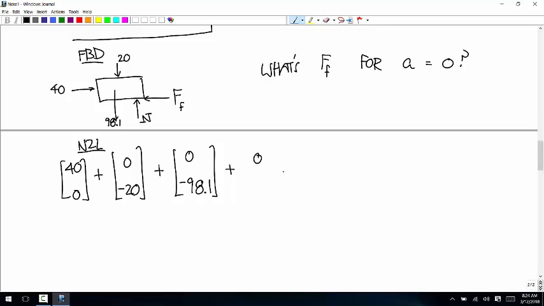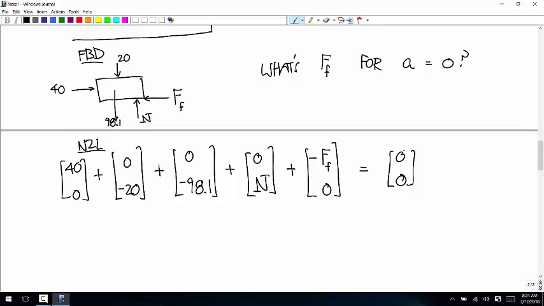The normal force is N in the positive y direction. And the friction force, the way I have it drawn there, is in the negative x direction. And if it stays at rest, the acceleration is 0.